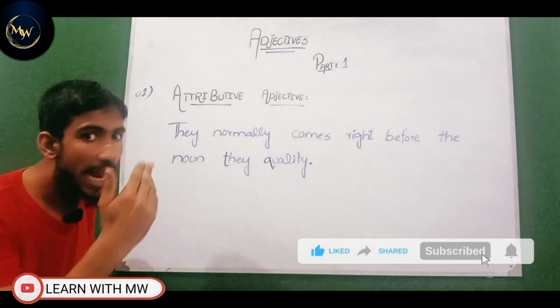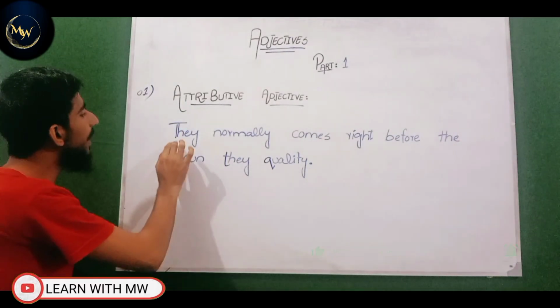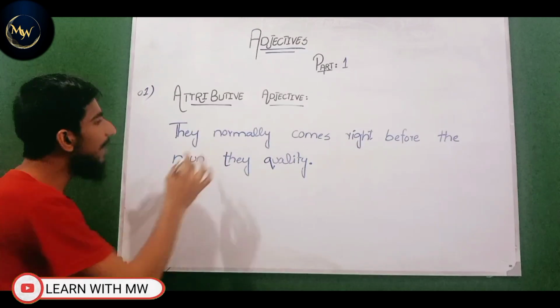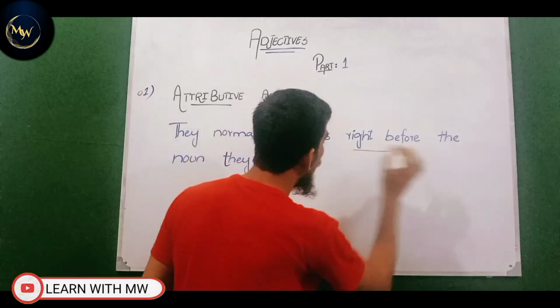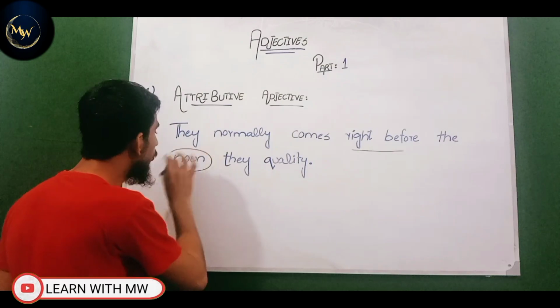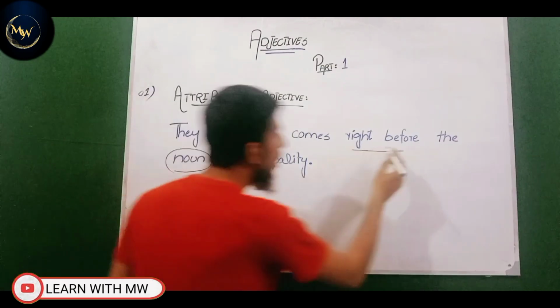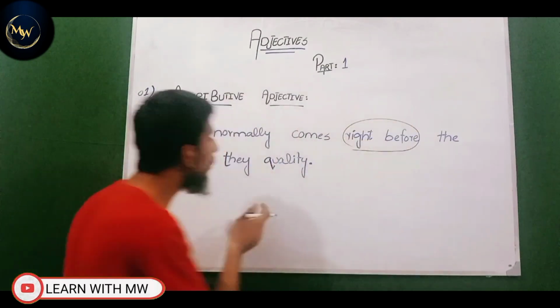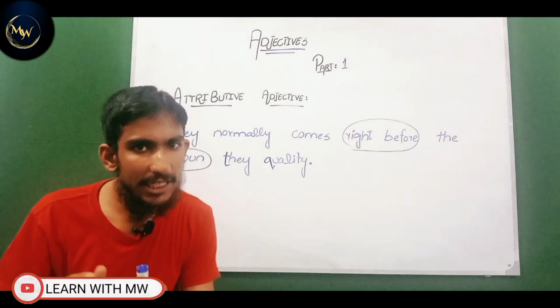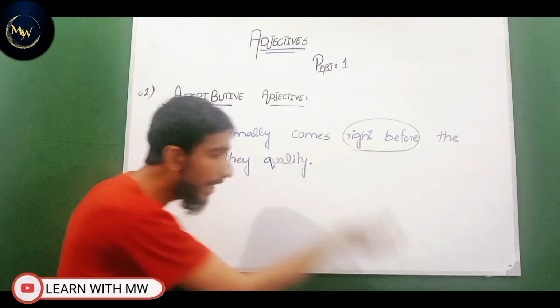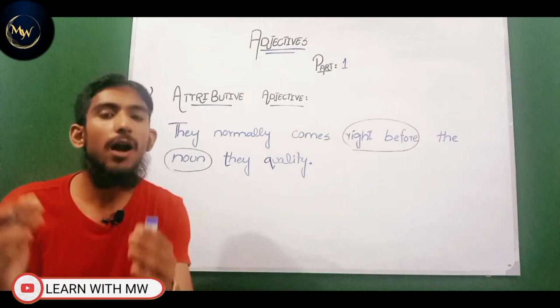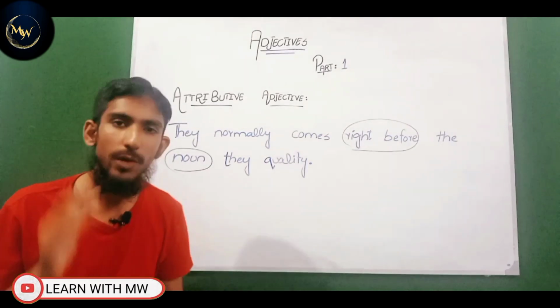So look at what an attributive adjective is in English grammar. Look at the board. They normally come right before the noun they qualify. An adjective that comes right before the noun is called an attributive adjective in English grammar.